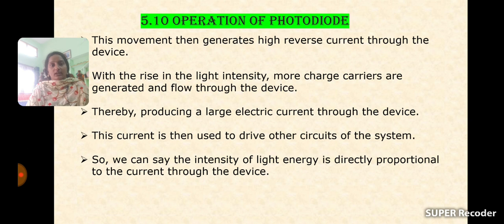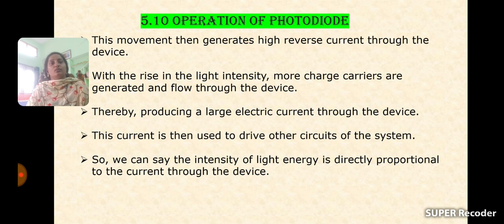Breaking of covalent bonds occurs, so electrons and holes move from one region to the other region. Thereby a large electric current is produced through the device.